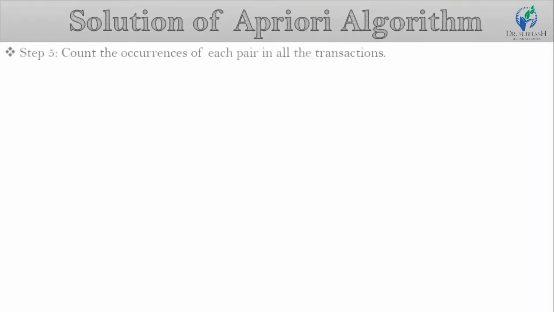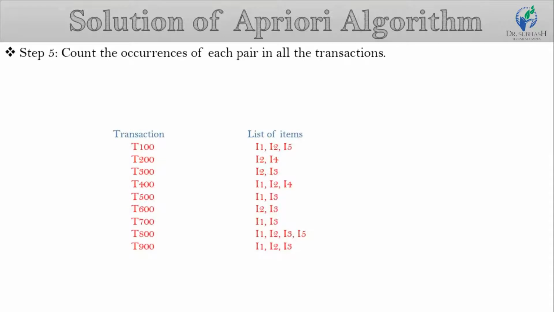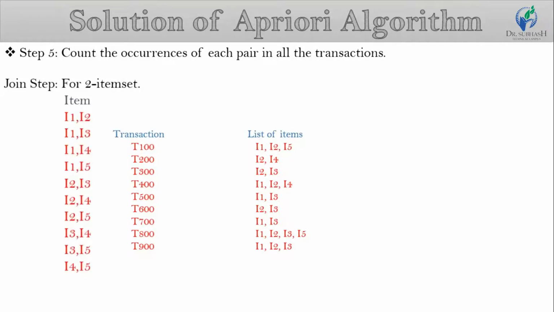Now in step 5, we count the occurrence of each pair in all the transactions. Now see our original transaction table. Based on that transaction table, we find the count of the two-item pairs which we found in step number 4. We count how many times each pair is purchased together.